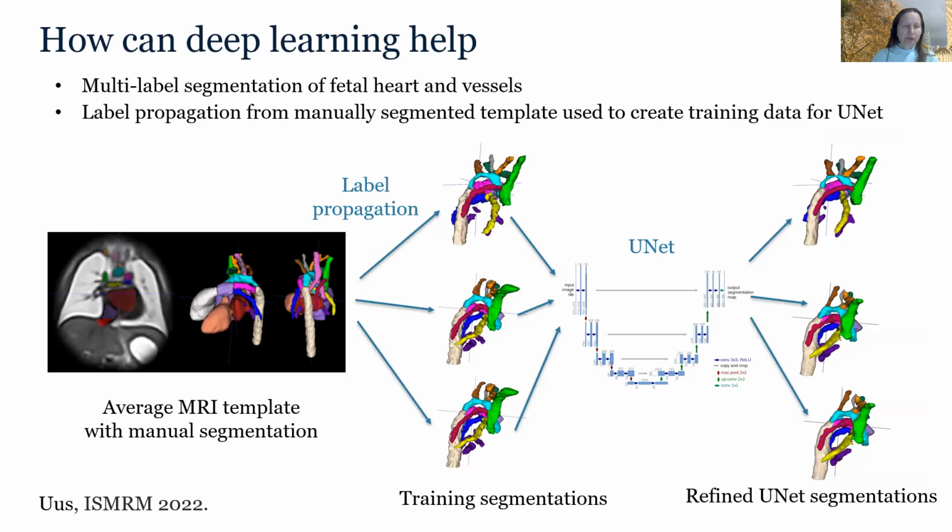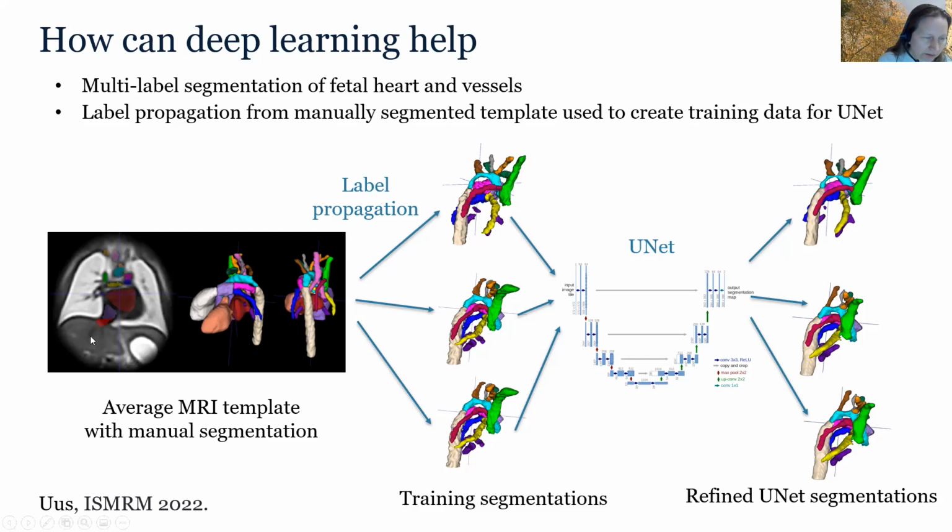Another application of label propagation combined with deep learning is creating training data for deep learning segmentation. This is actually work from my group done by Dr. Alena Uz, that you will see later this term. In this project we wanted to segment individual vessels in the fetal heart, and we didn't have any manual segmentations for these individual vessels.